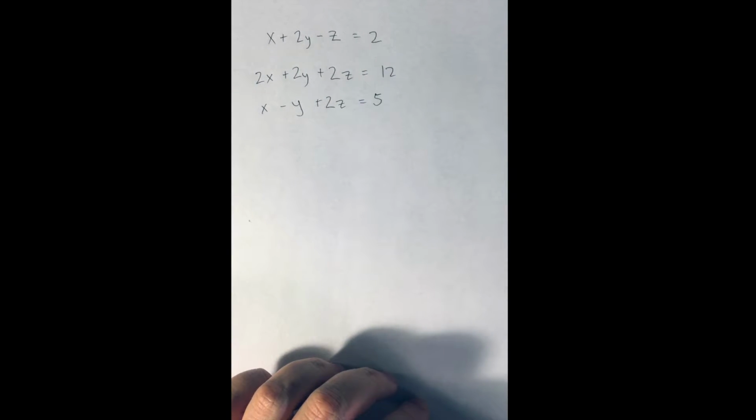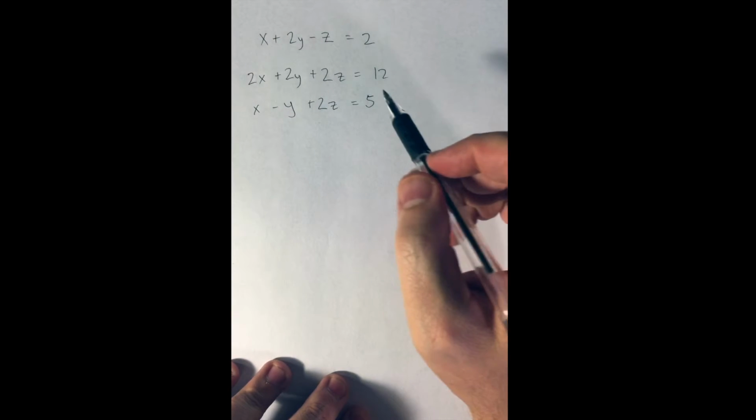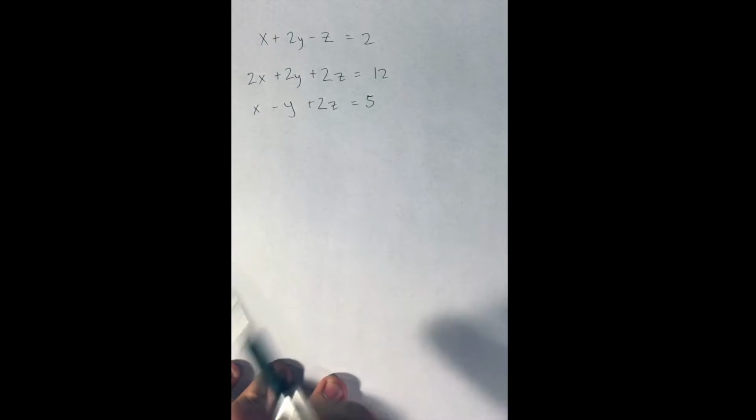The nice thing about Cramer's rule is that it uses determinants, and we can use our calculator to find determinants of a 3x3 system pretty much just as fast as we can find the determinant of a 2x2 system. So again, what we need is values like D and D subscript x and D subscript y and D subscript z.